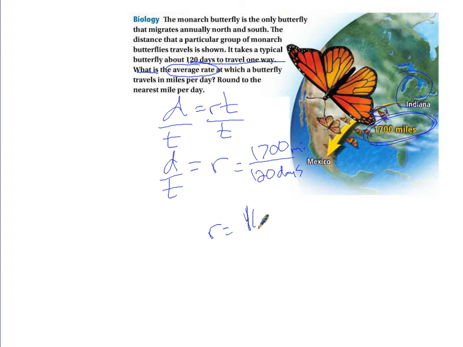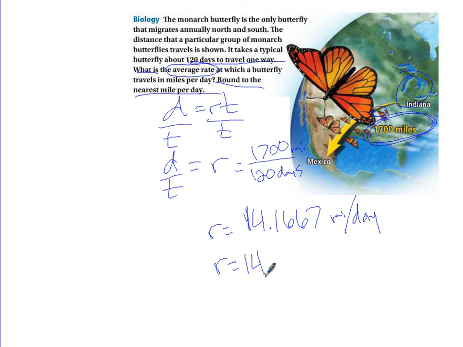So 14.1667 miles per day. Yeah, it does say round to the nearest mile per day. So that means I'm not going to keep these decimal places at all. The nearest mile per day is 14.